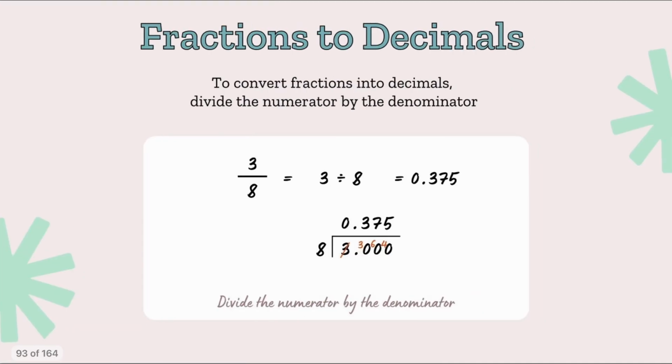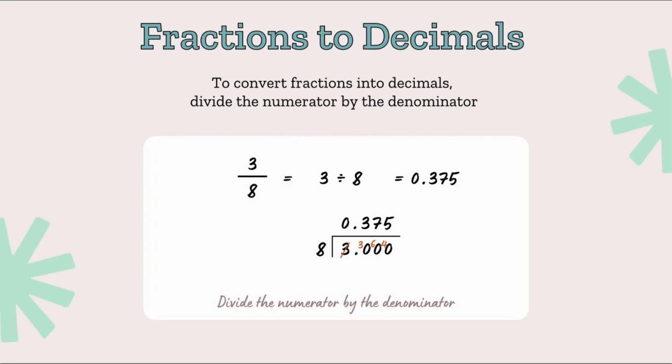Now let's try to review the conversion of fractions to decimals. So when we say conversion of fractions to decimals, we have to remember that your numerator will be your dividend and your denominator is your divisor. So we have here an example which is 3/8.